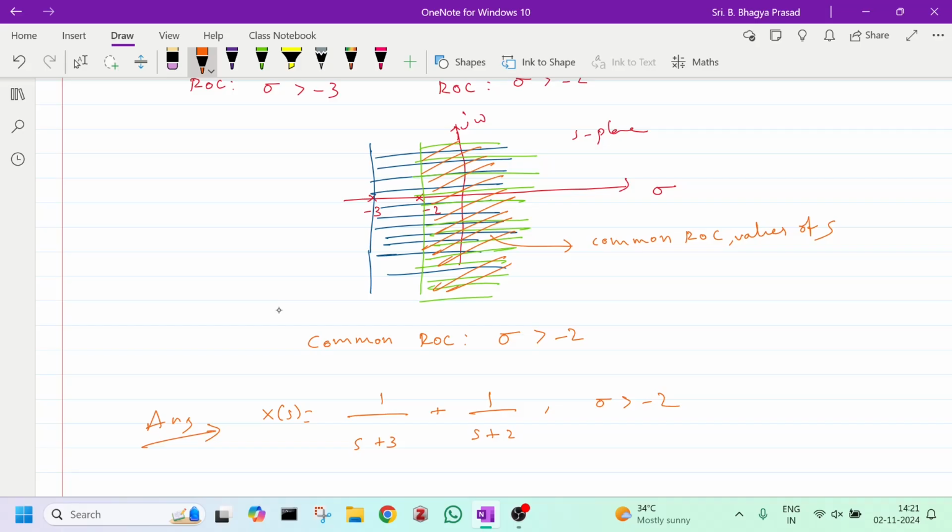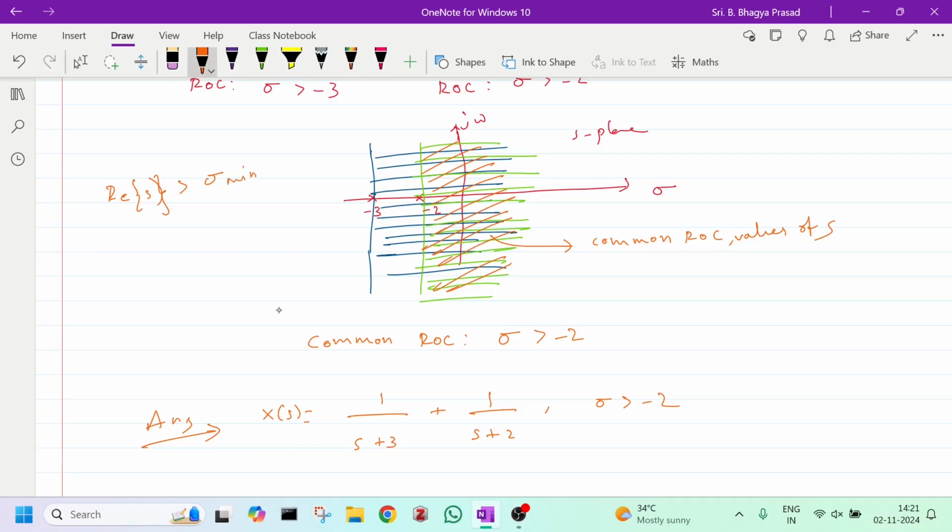If you have two right sided signals, the common ROC will be sigma greater than sigma max, that is, real part of S will be greater than sigma, the minimum pole.